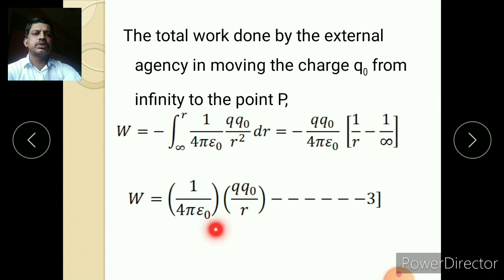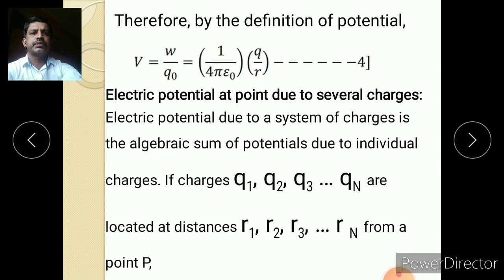Therefore, W is equal to 1 upon 4 pi epsilon 0 Q Q0 upon r. This is equation number 3. Therefore, by the definition of potential, V is equal to W upon Q0 is equal to 1 upon 4 pi epsilon 0 Q by r.